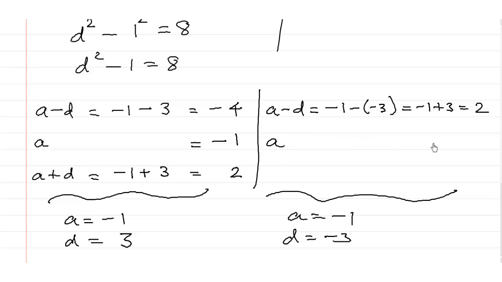And then we have a, which is directly minus 1. And then we have a plus d, which is equal to minus 1 plus of minus 3, which is equal to minus 1 minus 3, which is equal to minus 4.